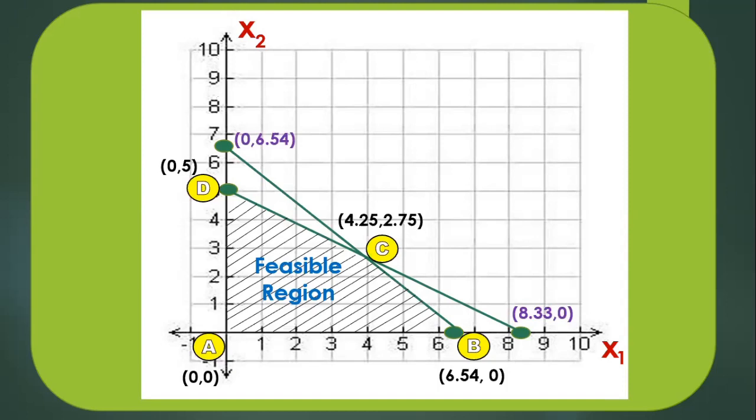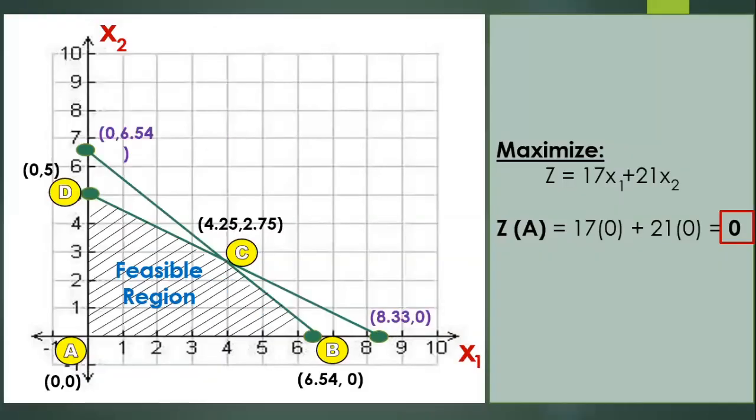Now, the last step that we need to do is to substitute these values into our objective function. Let us substitute first the value of our extreme point A, or corner A. Remember, our corner A values would be 0, 0.